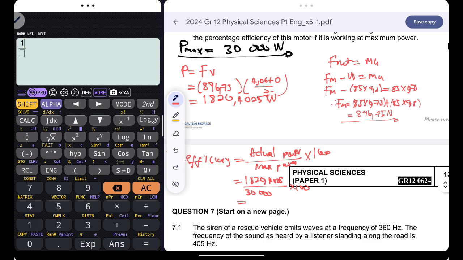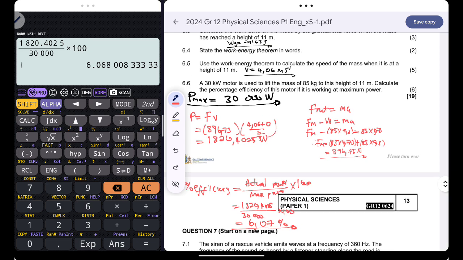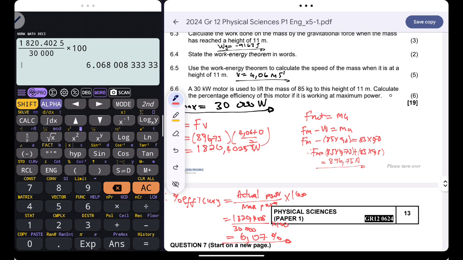So the percentage is just 6.07%. This motor is just 6.07% efficient. It's not 100% efficient, it's 6.07% efficient. That's how you're supposed to deal with the sixth question over there.